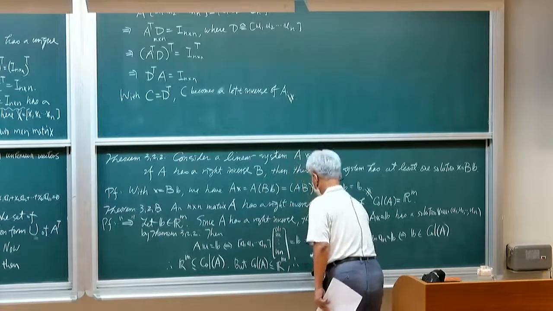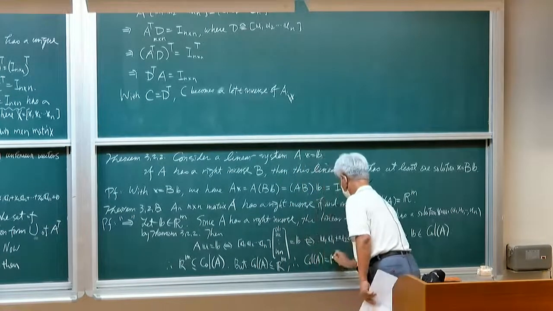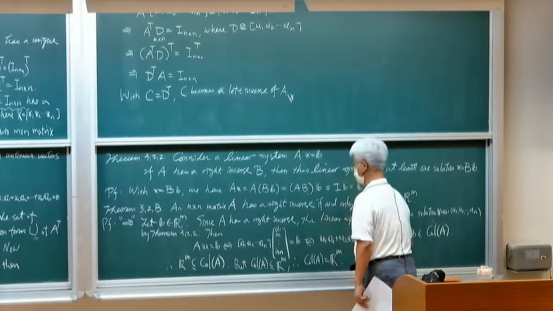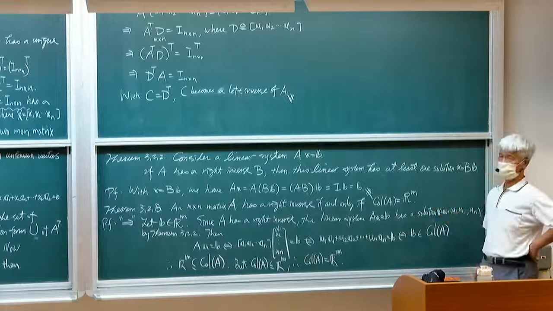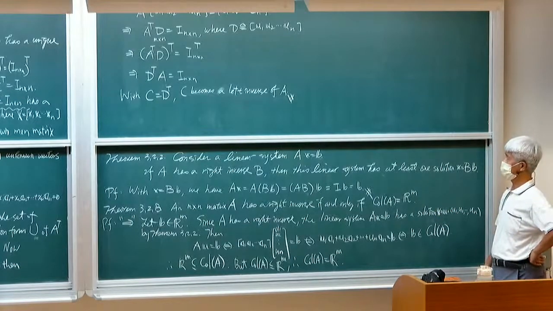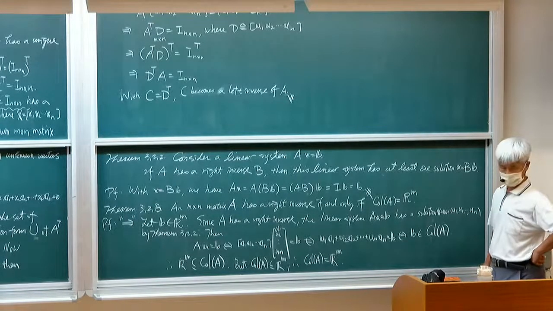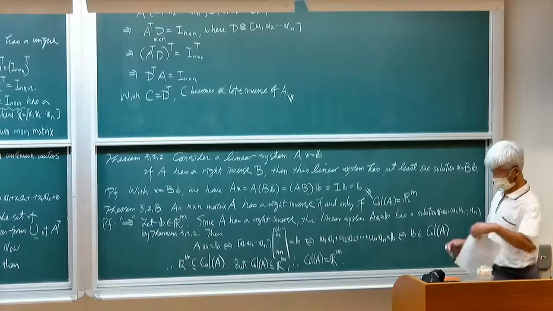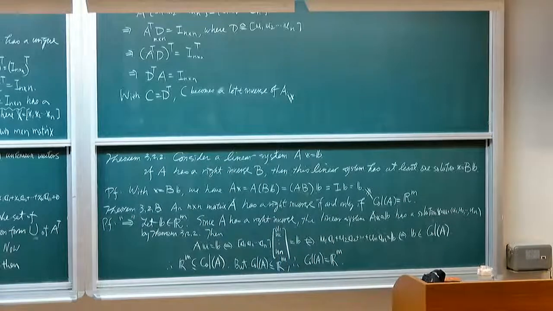So the conclusion is that the column space of A must be equal to the m-dimensional Euclidean space. So the forward part is done here. Now we look at the backward part.